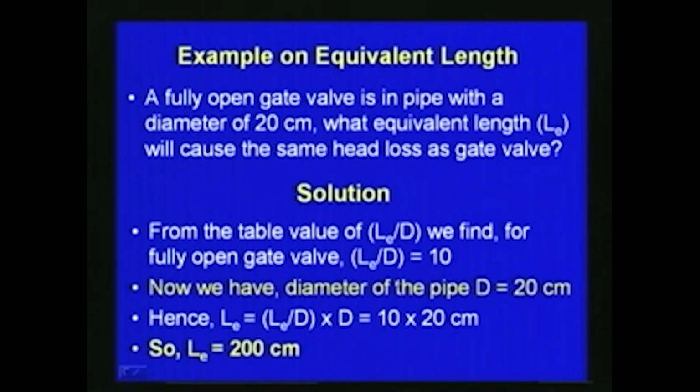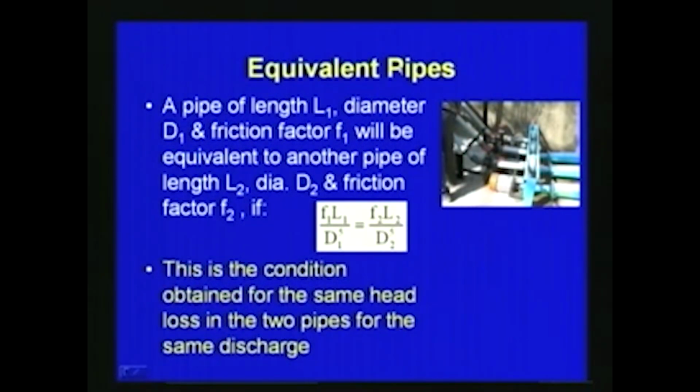Like this, we can solve various examples and problems wherever various fittings are there. We can find out what kind of fitting it is, and the LE by D values are known. So, once the diameter is known, we can calculate the equivalent length. Now, another important aspect is that while doing pipe design, we can calculate equivalent pipes.